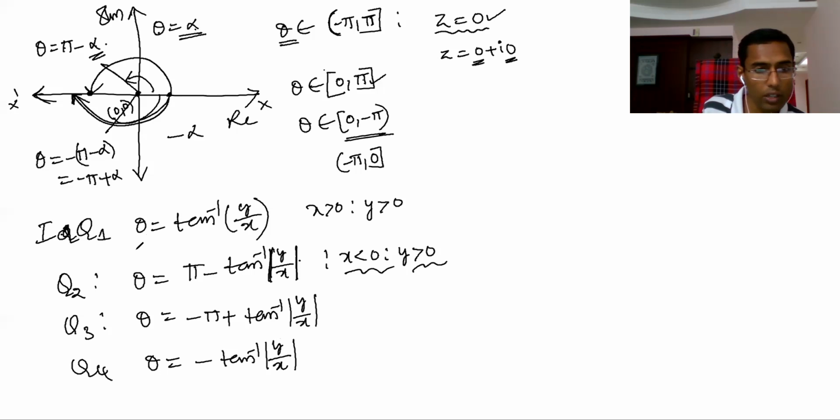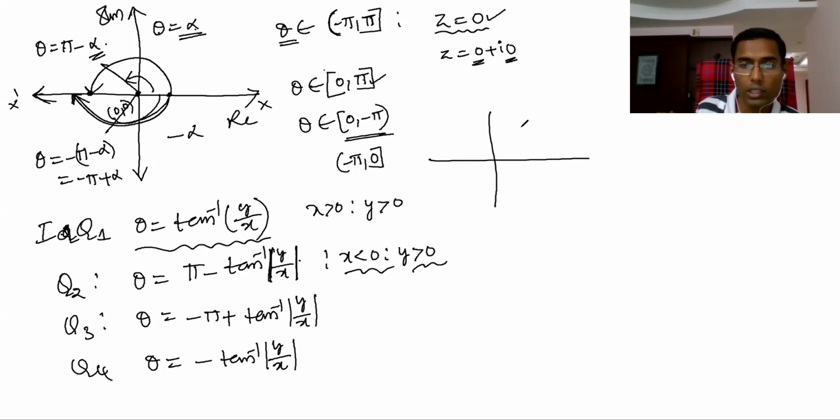So tan inverse of y by x without using mod is possible only in the first quadrant. When theta is in the first quadrant, you can simply use tan inverse y by x. But in the second quadrant, you have to use pi minus, and in the third, minus pi plus, and in the fourth, minus. It's very simple. If this is alpha, this is pi minus alpha, and this is minus pi plus alpha.